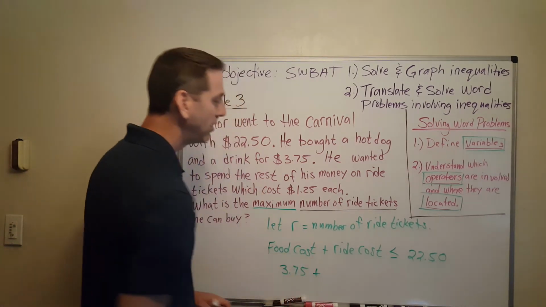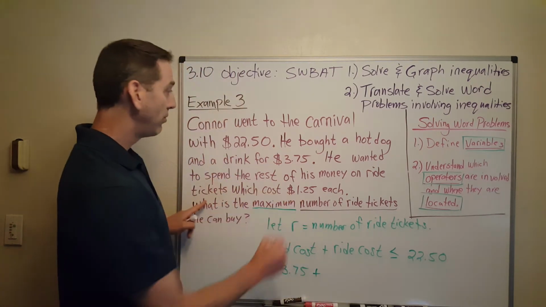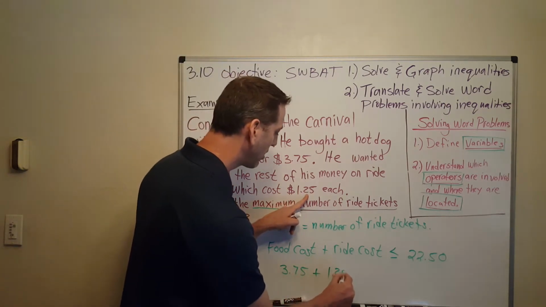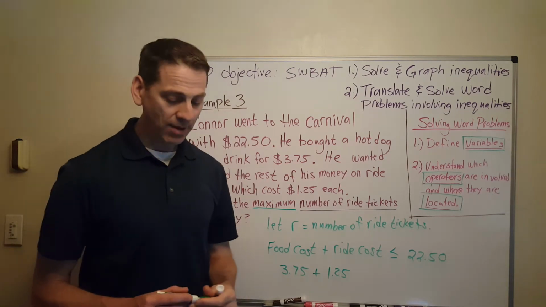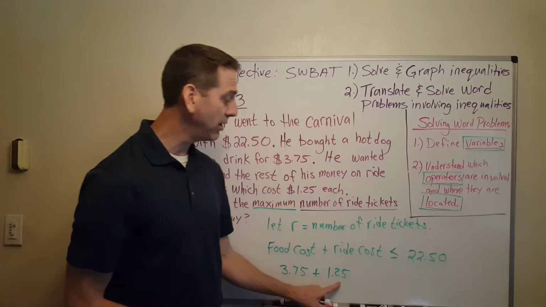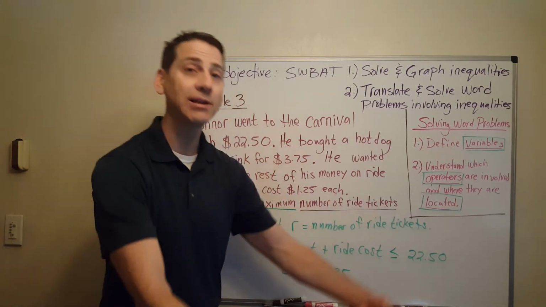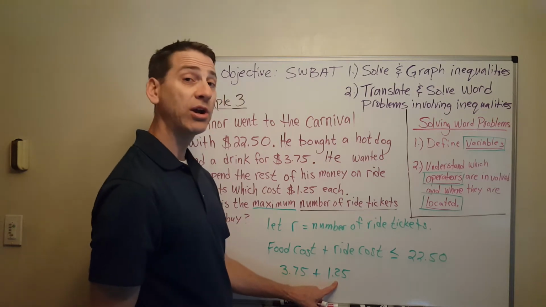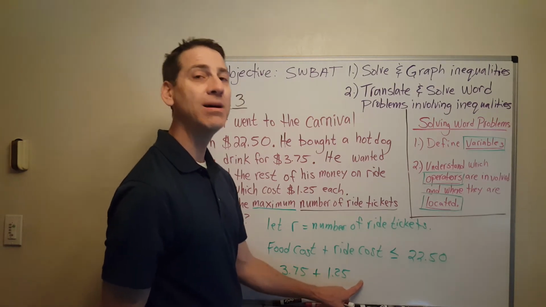Plus the ride cost. What's the ride cost? The ride tickets are $1.25 each. So if he rides one ride, it's going to be $1.25. If he rides 2 rides, it's going to be $2.50, and so forth. So I'm just going to multiply the cost of each ride by the number of rides.